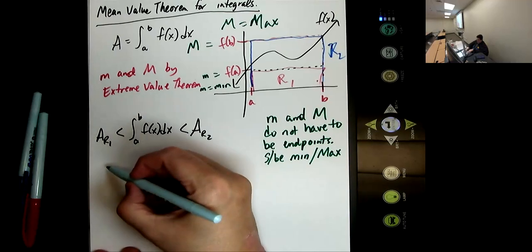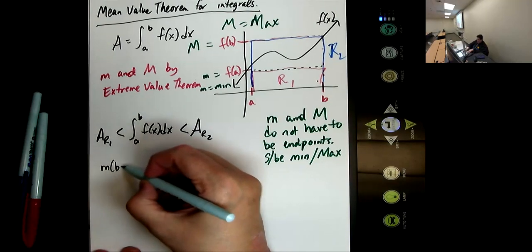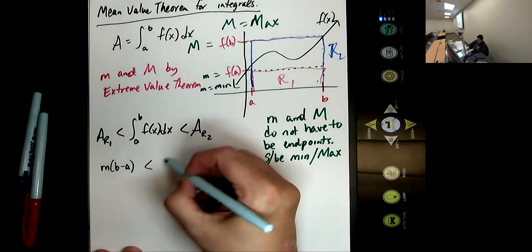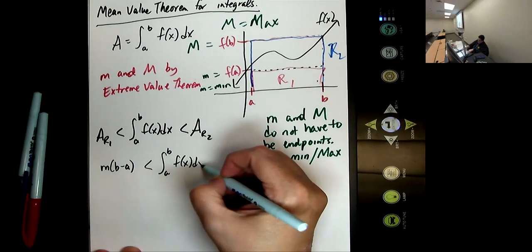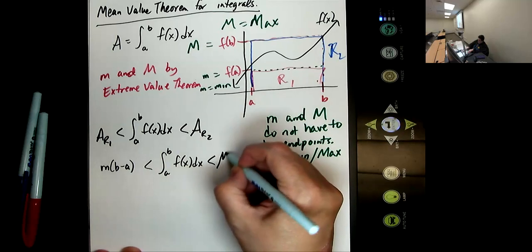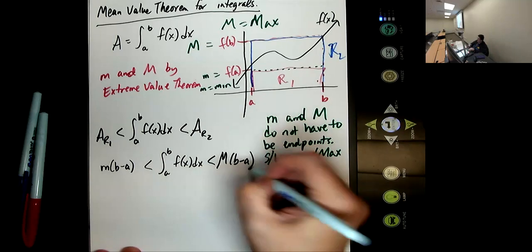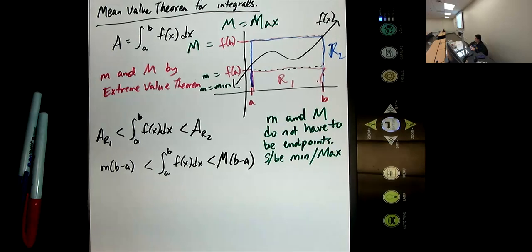This is just little m times b minus a, and this is big M times b minus a. That's the area of a rectangle, length times width.